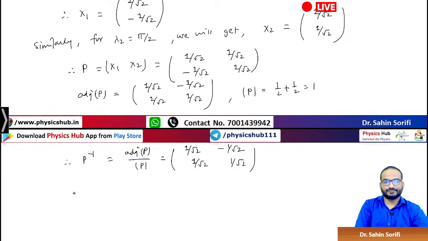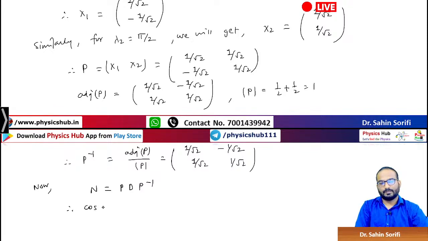Now N, which is pi M by 6, is P D P inverse. Look, previously it was P inverse N P, so N equals P D P inverse. So what is cos N?